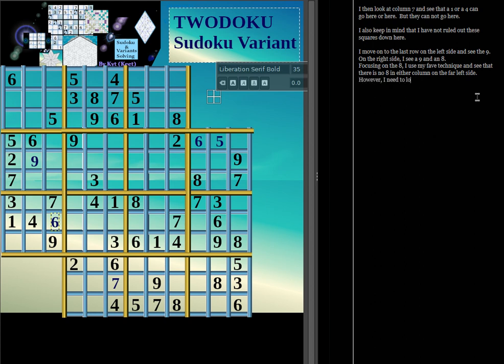However, I need to look at all the other rows for 8s. I see in row 2 and 3 there are 8s. This means that these two squares cannot be 8s. That leaves only this square to be the 8.